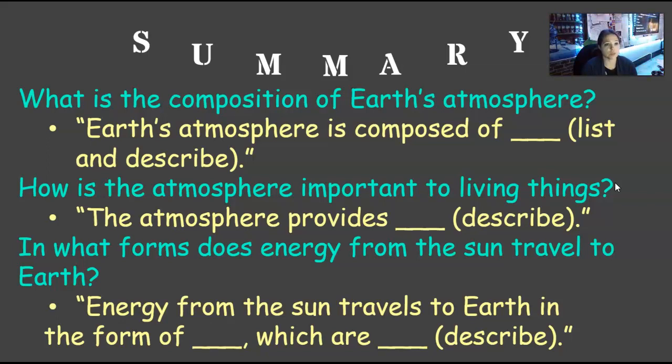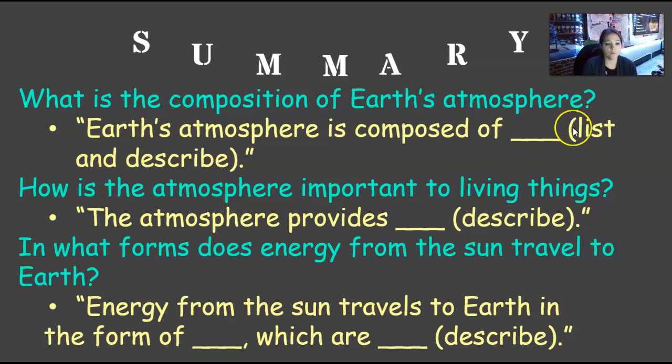It provides protection against UVA, UVB, or ultraviolet radiation. And the atmosphere provides energy. It traps the energy, which gives us heat, which also traps in the oxygen. And because it traps in that heat, it provides liquid water.